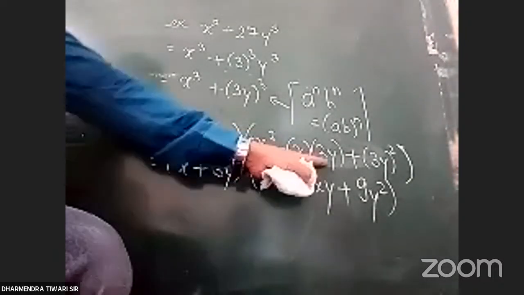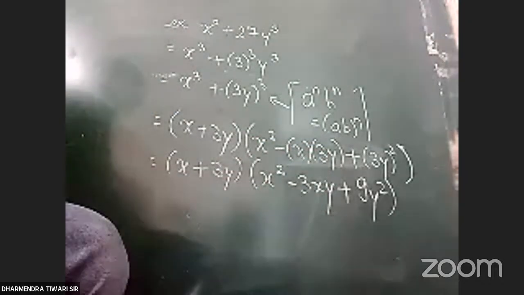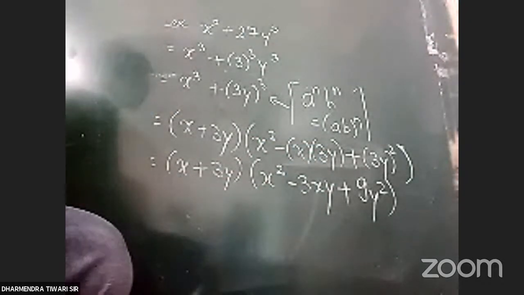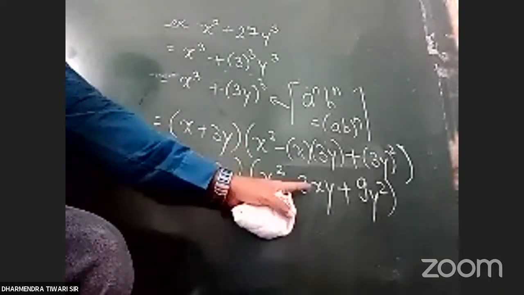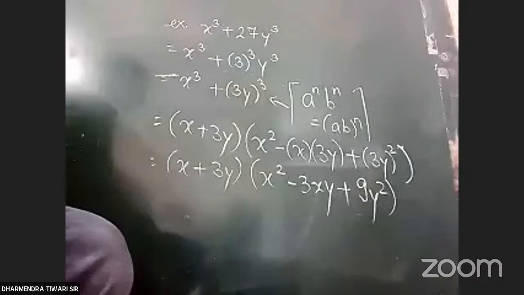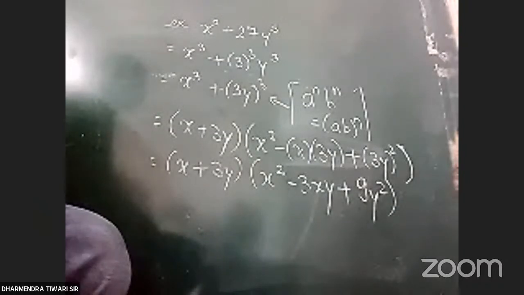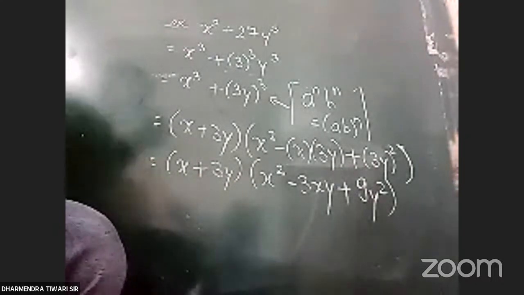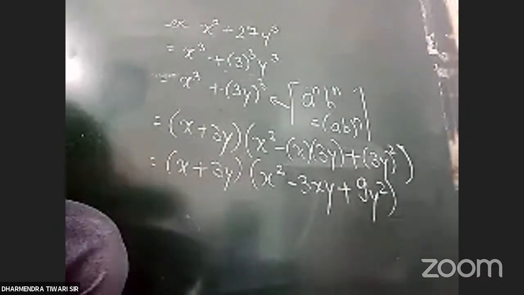This is a rule of the type a into b is the same as b into a, so I've written as per our convenience. If you want, you can write it as 3yx. Yeah, even that will do. x into 3y, but we always write the coefficient at the start, so we write it as 3xy.